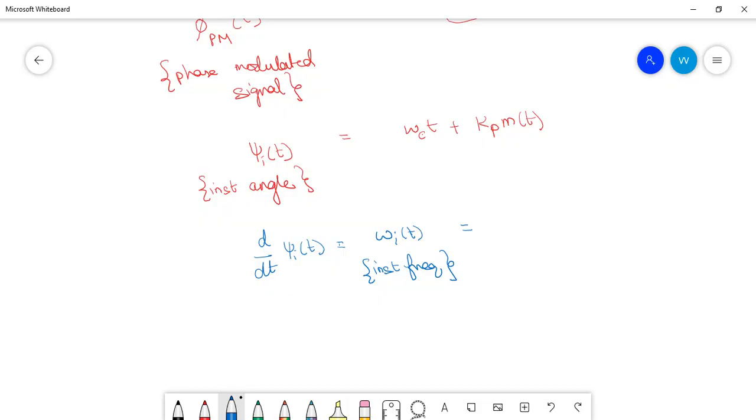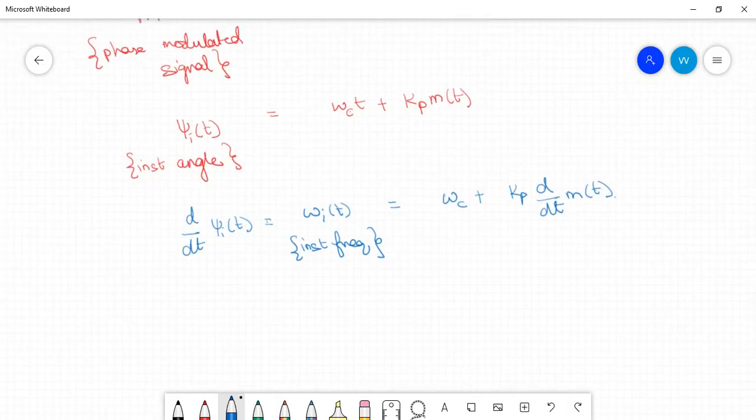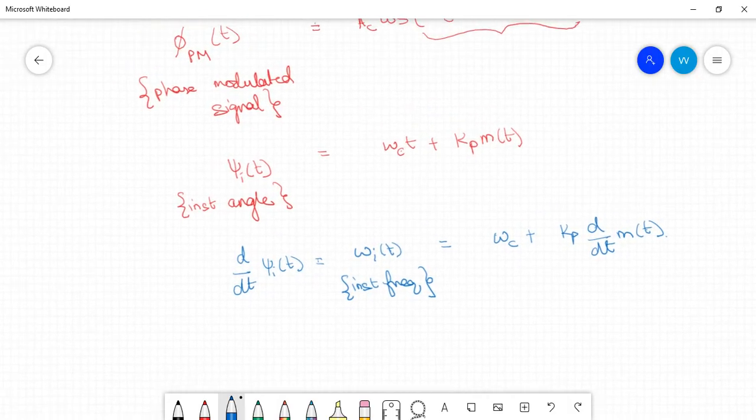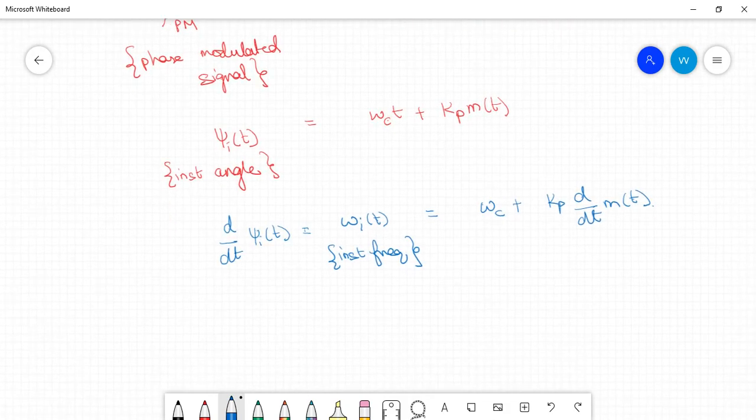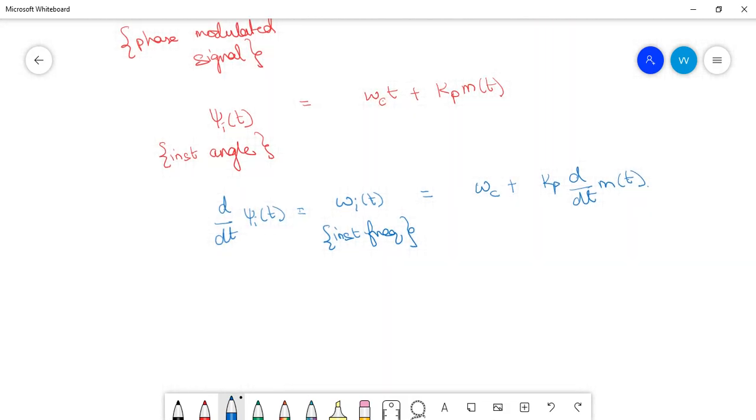Doing the derivative on both sides, I get omega_c + k_p d/dt of m(t). What does this tell me? That phase modulation is also changing the instantaneous frequency of the signal.